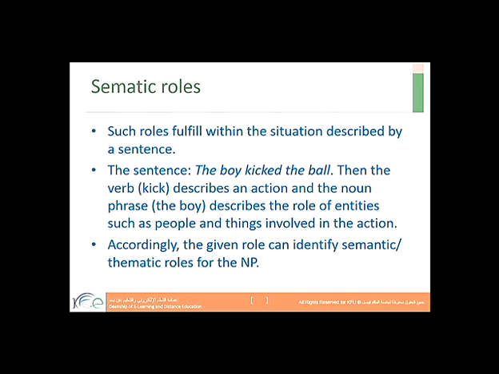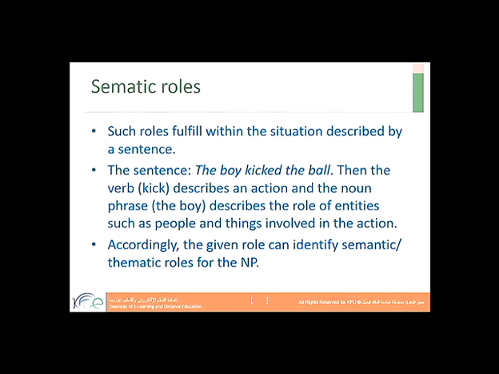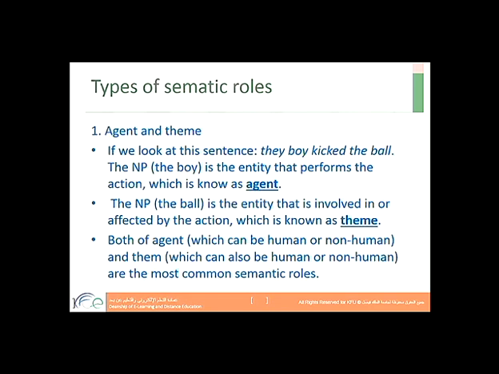Accordingly, the given rule can identify semantic, or what is also known as thematic rules for the noun phrase. So the given rule in this sentence can identify the semantic rules for the noun phrase the boy. So semantic rule is a big thing, and it has a number of types.